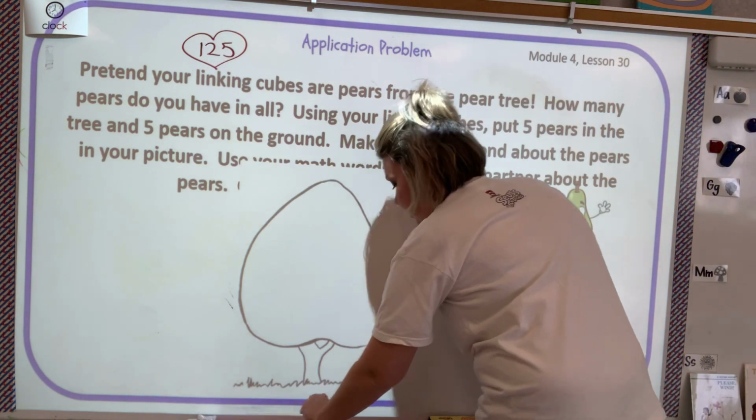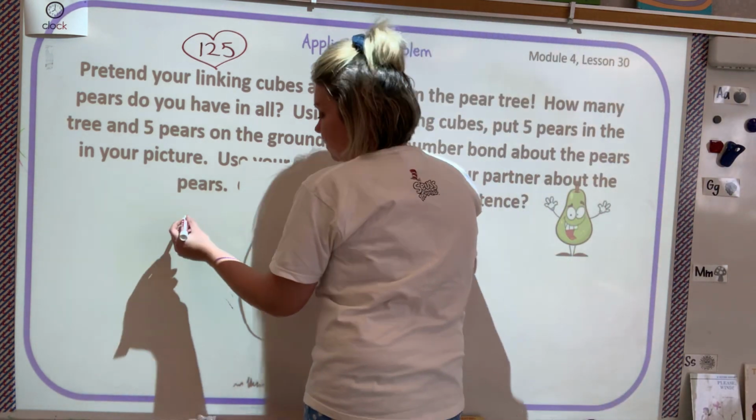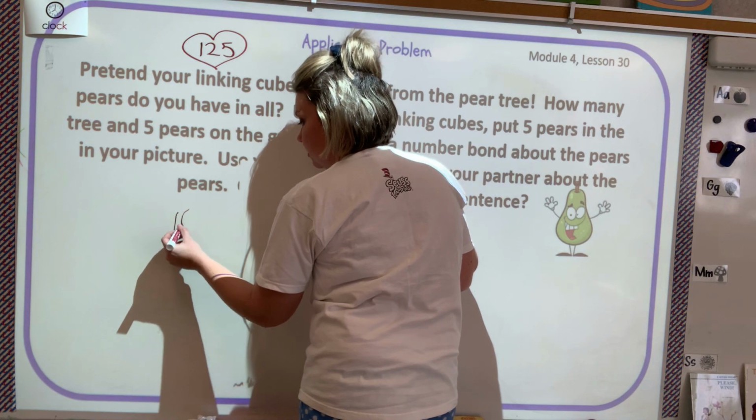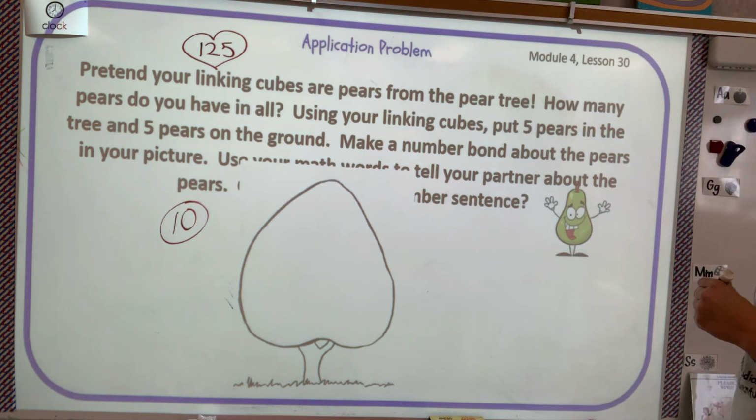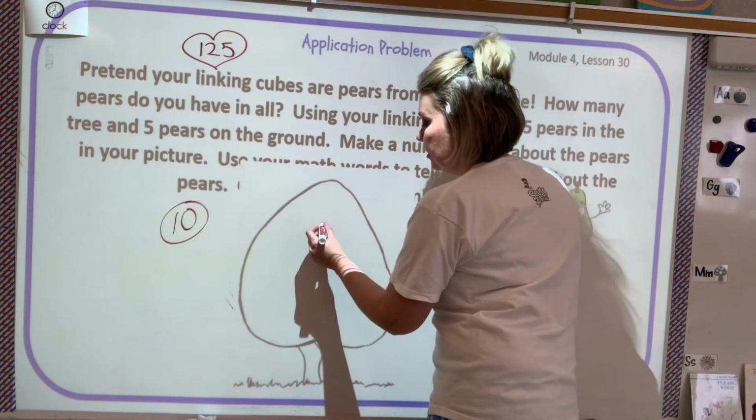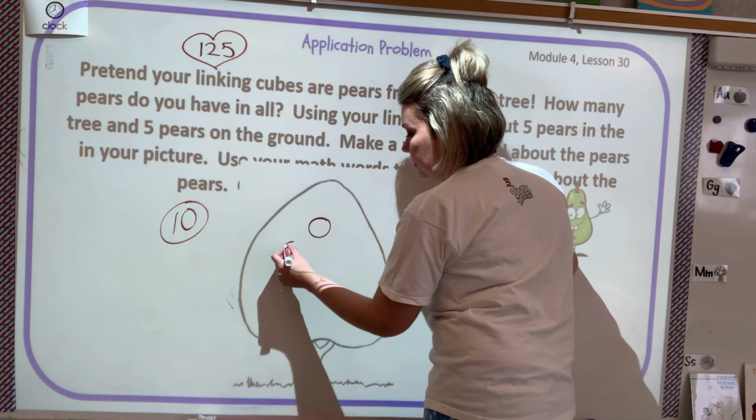You should have 10 objects to count with, or you can draw 10 circles. So we have 10 in all. Using your linking cubes, put 5 pairs in the tree and 5 pairs on the ground. I'm going to do it too. I'm going to draw circles for the pairs.